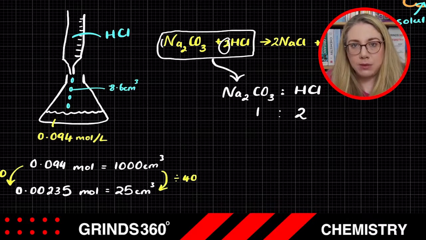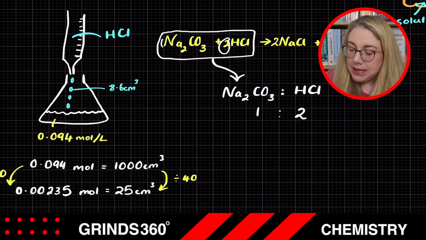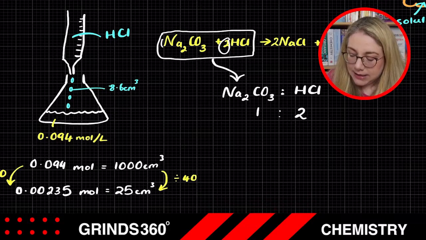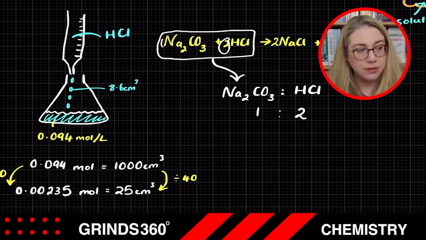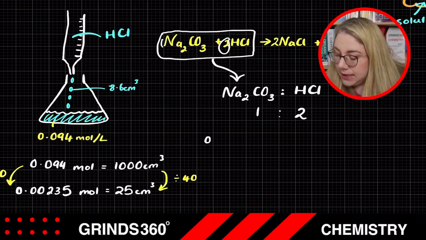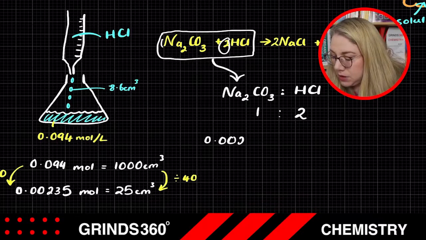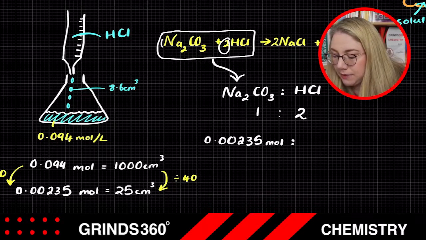However many moles of sodium carbonate you have, you need twice the amount or twice the number of moles of the acid. Now, inside that conical flask, we know exactly how many moles of sodium carbonate is in there because we worked it out at the bottom of the screen. There is 0.00235 moles of sodium carbonate in there.